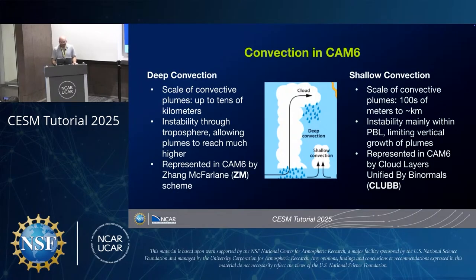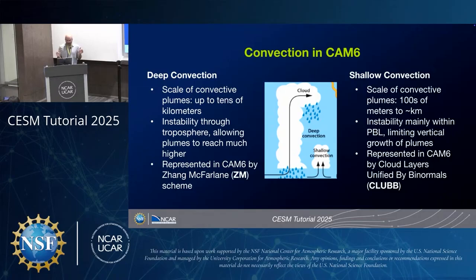But on to convection. We split convection into two types in our rough mental breakdown. There's deep convection and shallow convection. They're basically distinguished by how large the plumes are and how deep they go into the atmosphere.